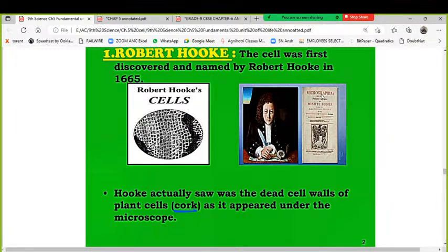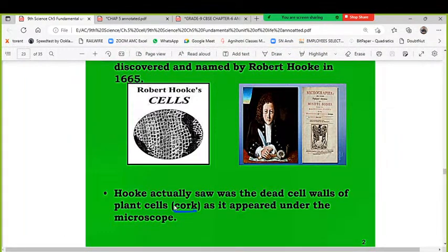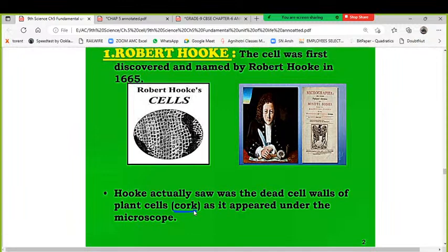It is in his book that he explained all these things. Actually, what Hooke saw was the dead cell walls of plant cells. He used cork, which I have already told you about. From the bark of the tree we get this cork, and from this cork he saw all these things.